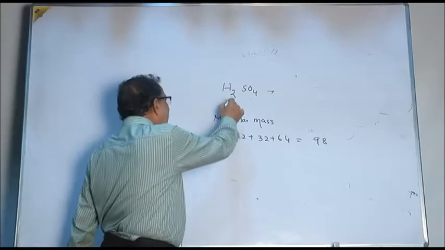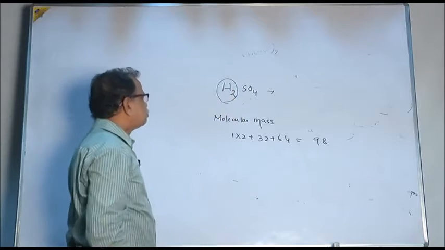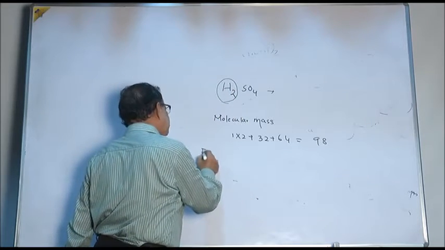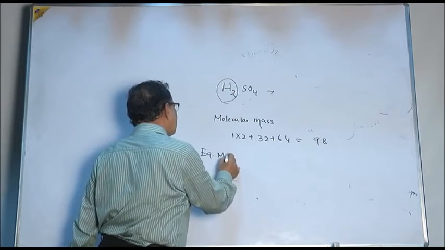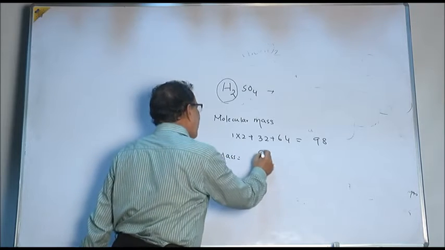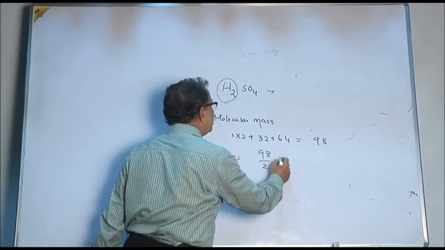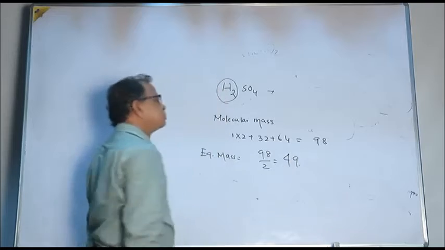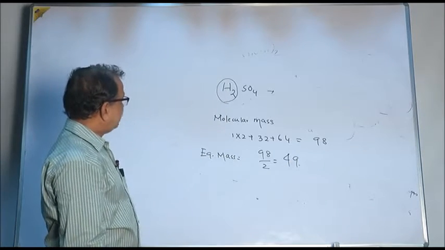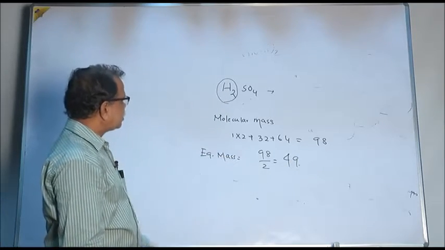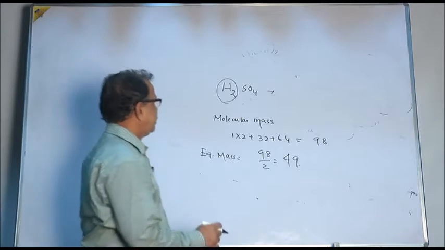What is the basicity here? Basicity is 2. So the equivalent mass is 98 by 2, that is 49. The molecular mass is 98, and the equivalent mass of sulfuric acid is 49.